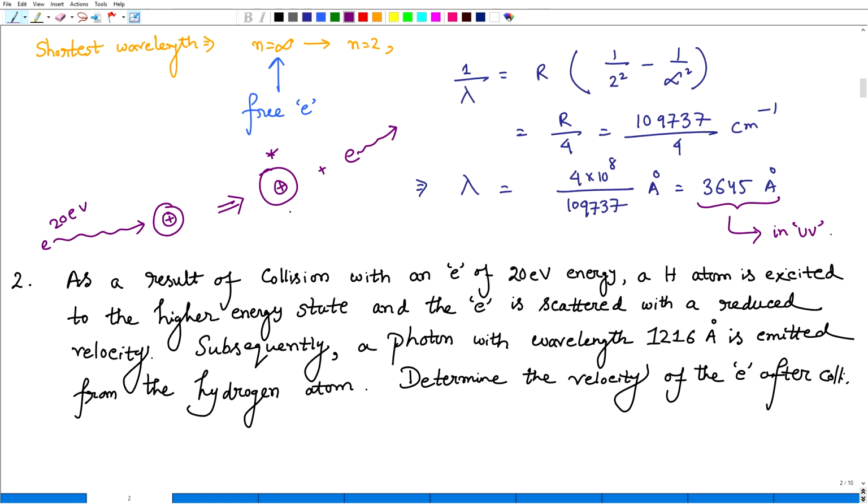After that, this hydrogen atom again goes into the ground state and releases a photon h nu having this wavelength. So we have to calculate. It's very easy. We first have to understand the picture. There is a hydrogen atom, and an electron is coming, having the kinetic energy of 20 electron volt. It collides with the hydrogen atom, gives some energy to it, and the hydrogen atom got excited.